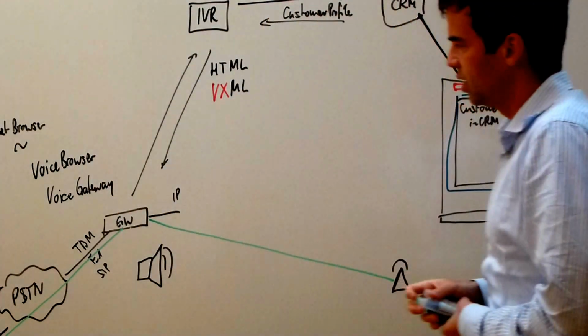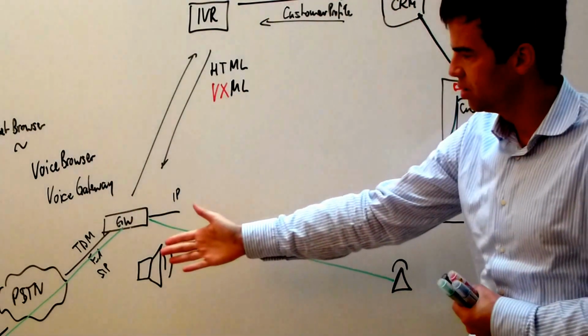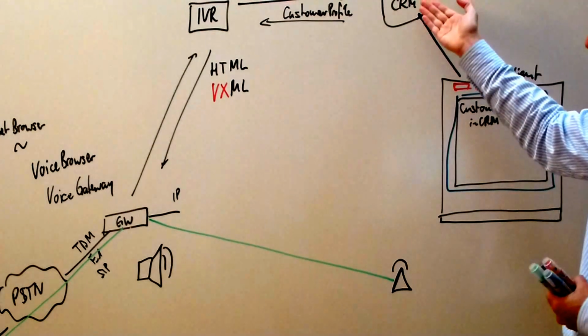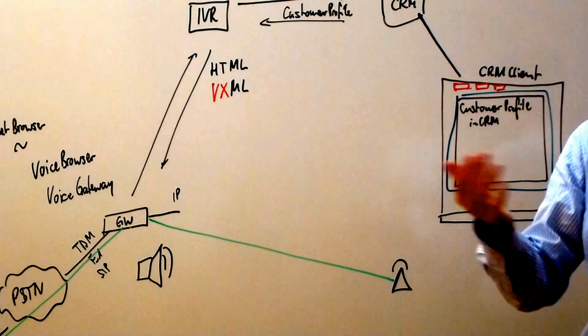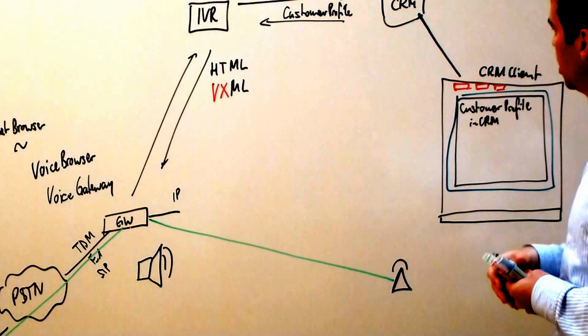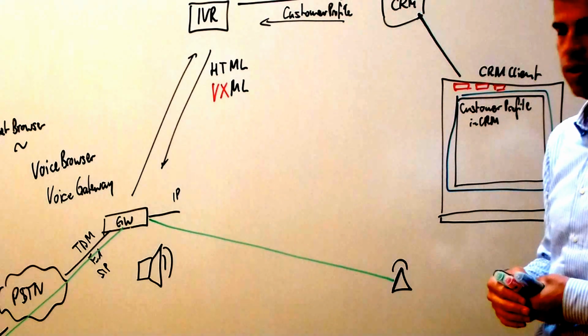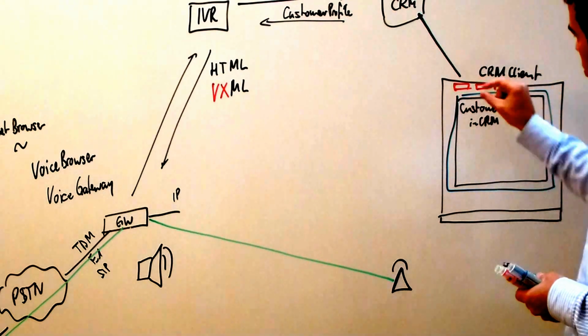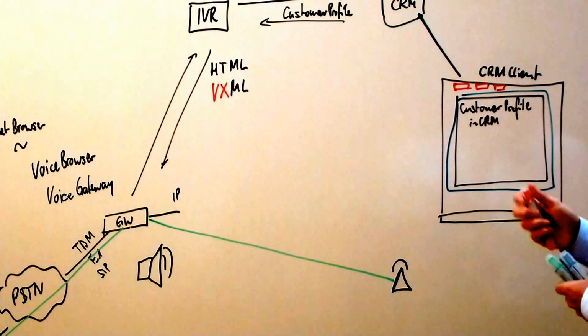For example, if the caller is first making a complaint and afterwards wants to register a new product, you might have different applications required for this, so the agent might switch between those applications. The important thing is that you have a CTI control here.